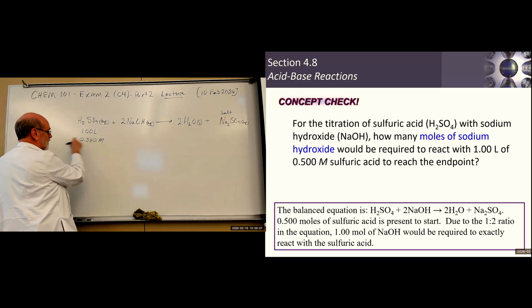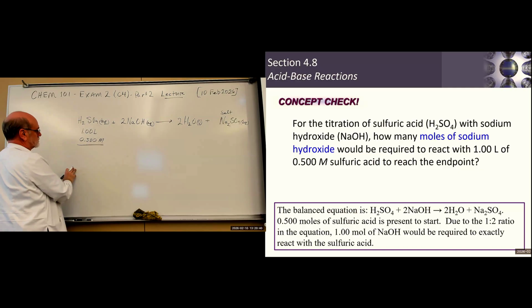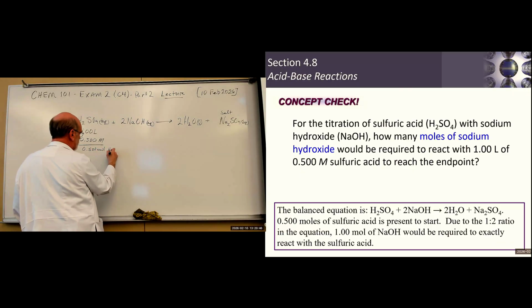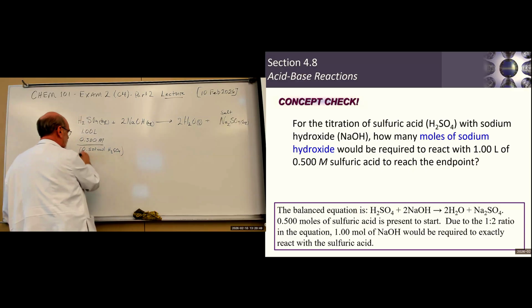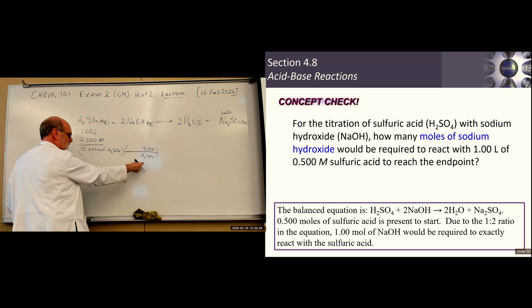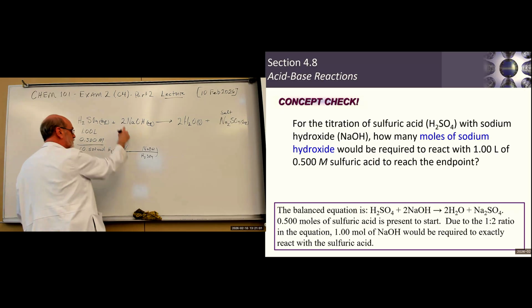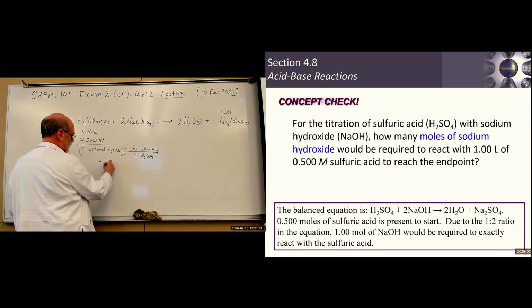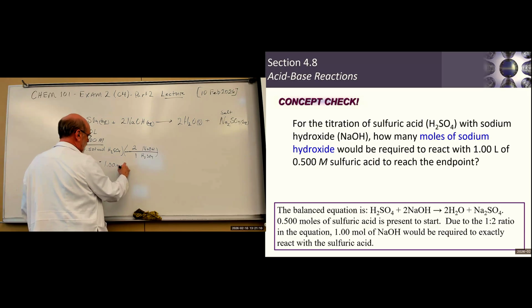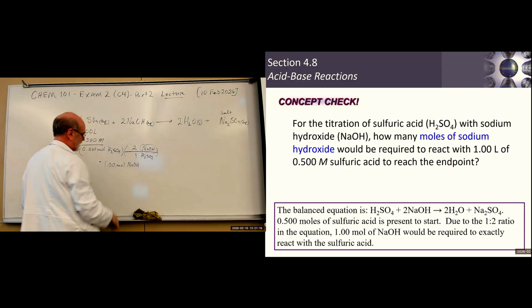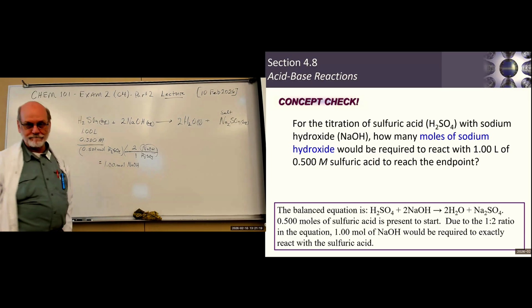Well, how many moles did we start with here? 0.5 moles of sulfuric acid. Now we want to convert that H2SO4 to this one. So numerator, denominator cancels. The ratio is 2 of these for every one of those. So 1.00 moles of sodium hydroxide are required because that cancels and leaves us with this one. Okay.